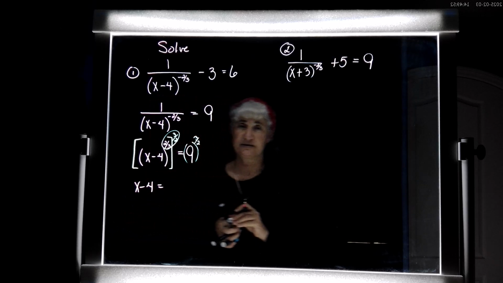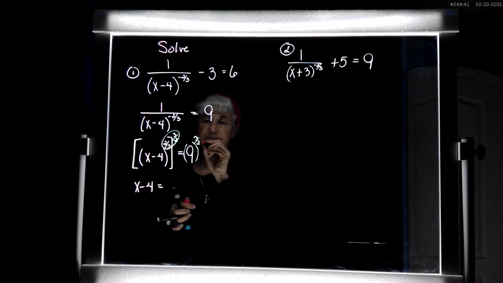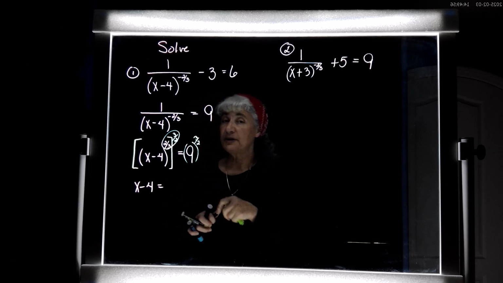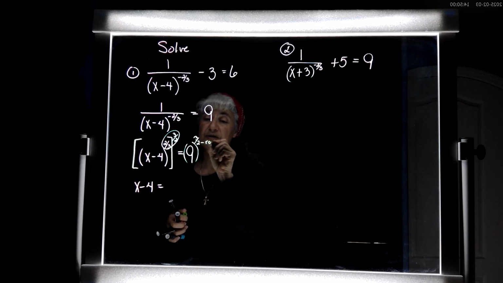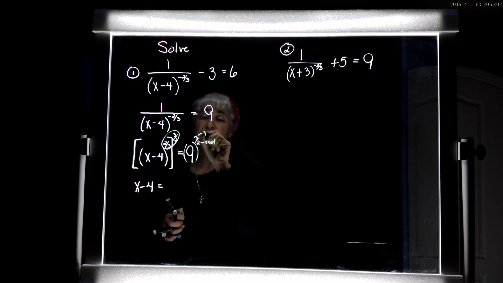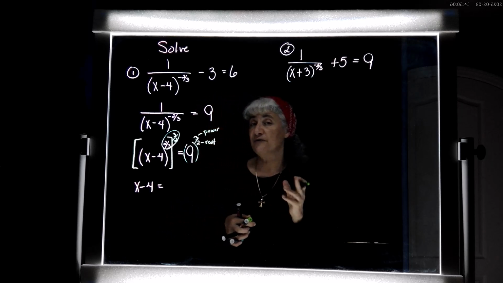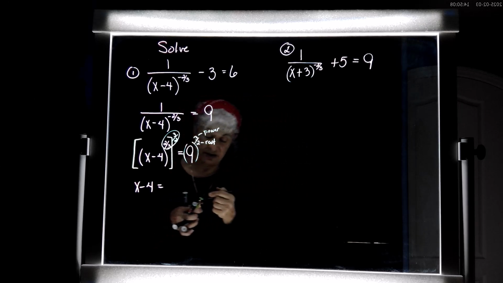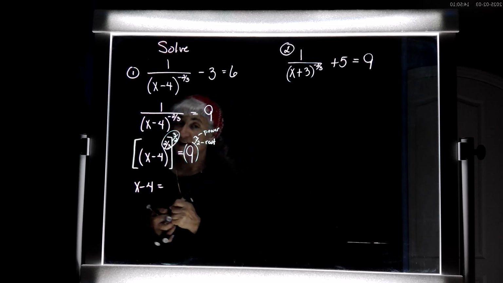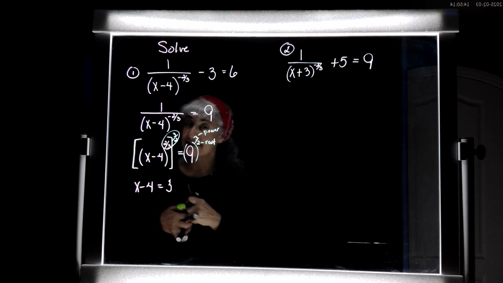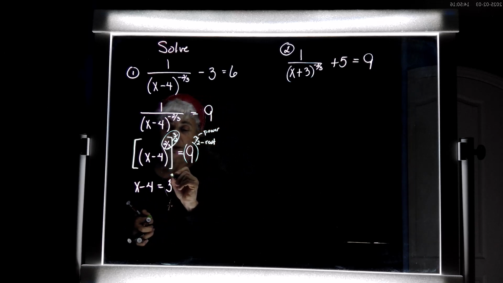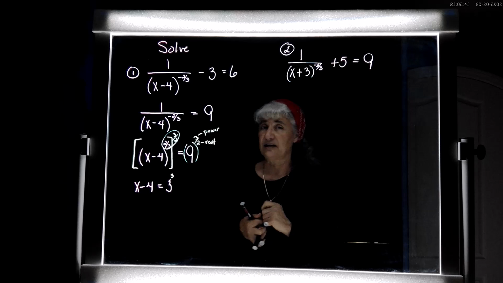Now on the right, remember, the denominator of this exponent is the root, and the numerator is the power. So I choose to take the square root of 9 first. That would be 3. And then I'll take that 3 and raise it still to the power of 3 because I haven't dealt with that exponent yet.